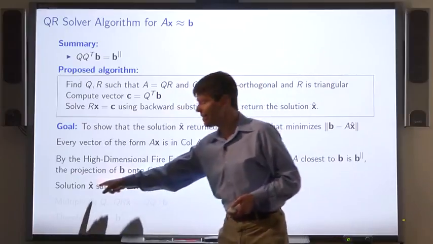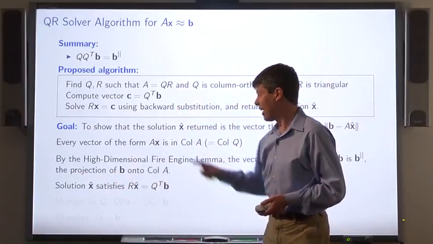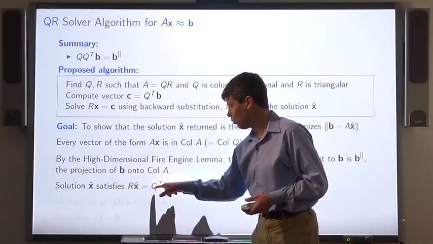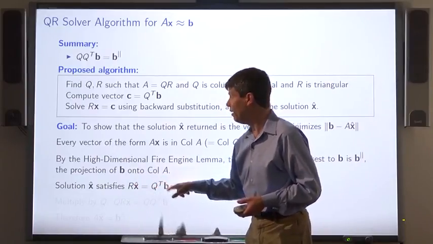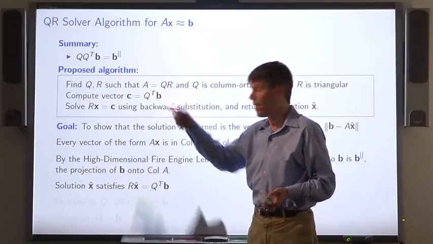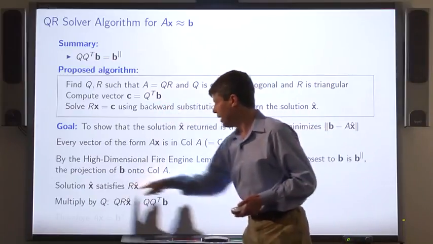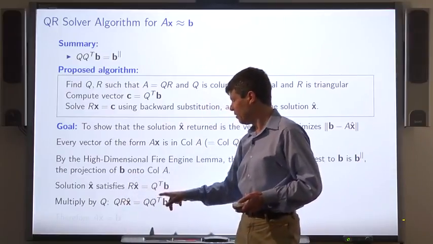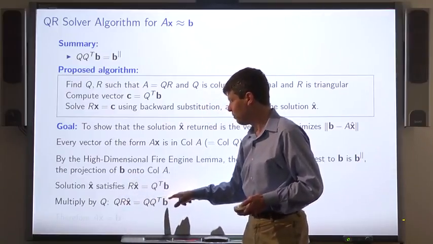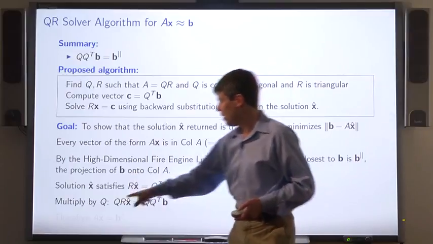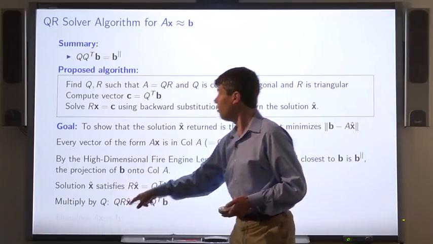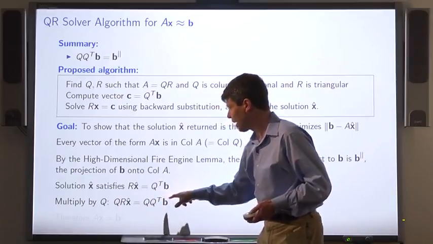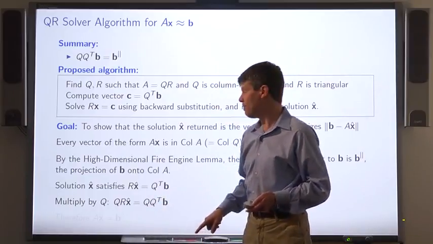The solution x hat given by this algorithm satisfies the equation R times x hat equals Q transpose times B, because that's how we got it. We multiply this equation by Q, and we get Q times R times x hat equals Q times Q transpose times B. Well, on the left, Q times R is the matrix A, and Q times Q transpose times B is the vector B parallel.